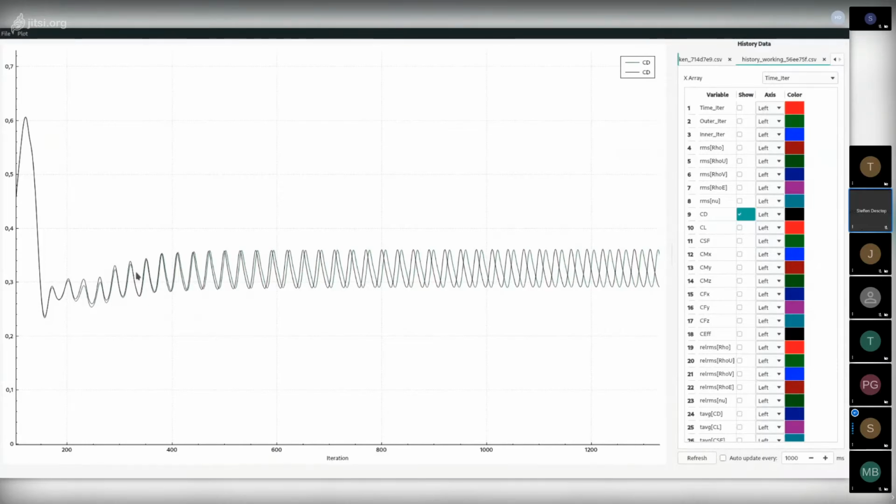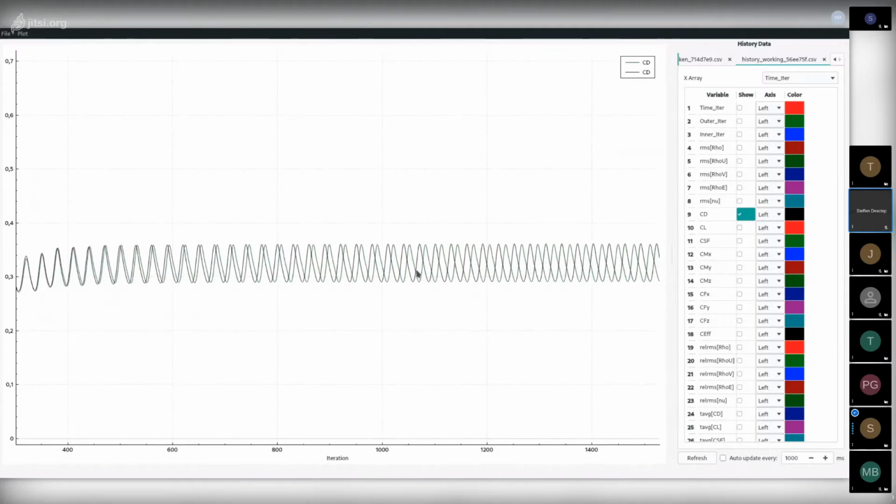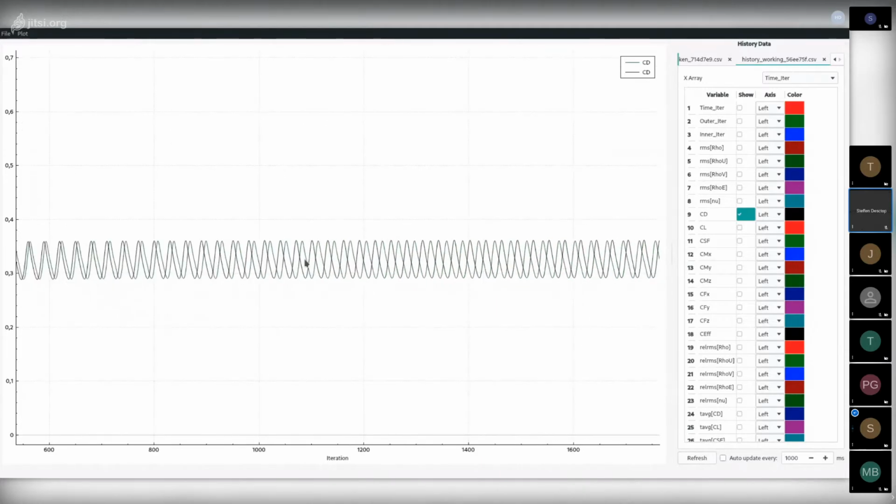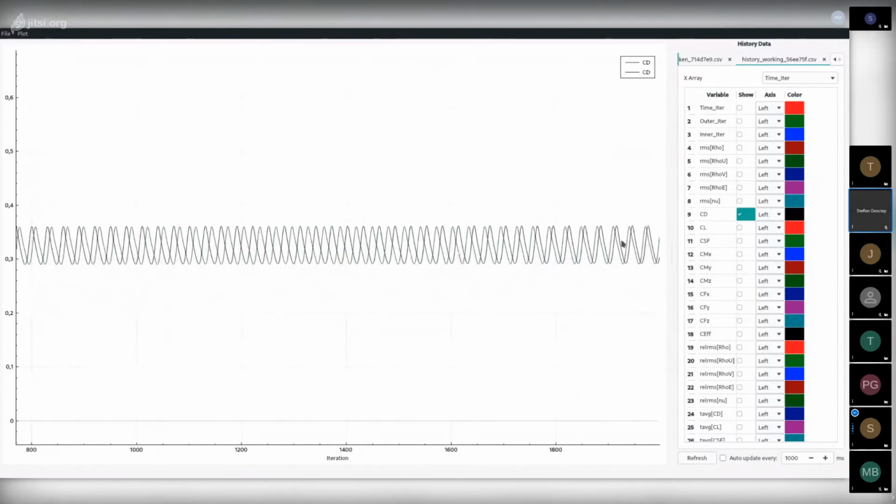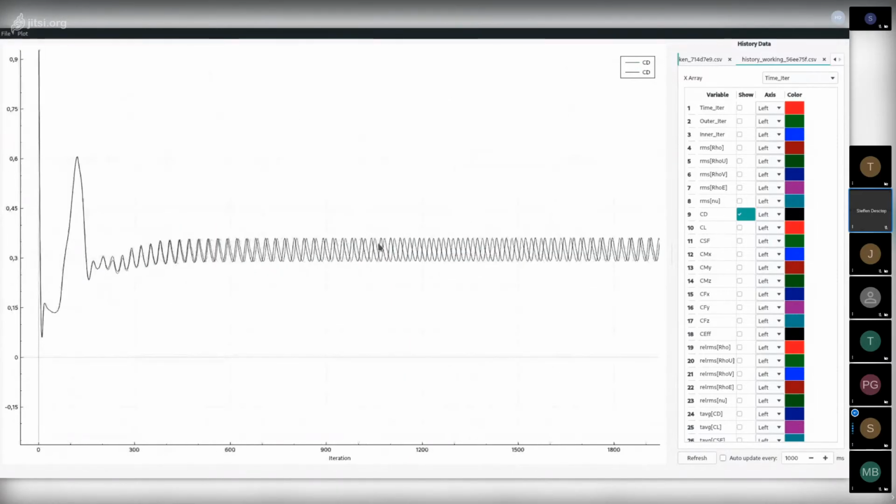After this update, you can see that there is a small difference in the period length of this time-dependent case. The settings and everything are completely the same.